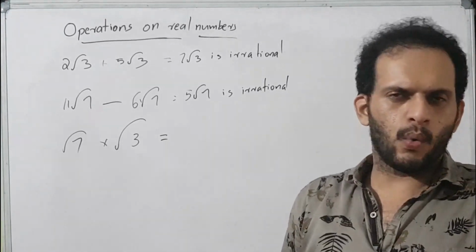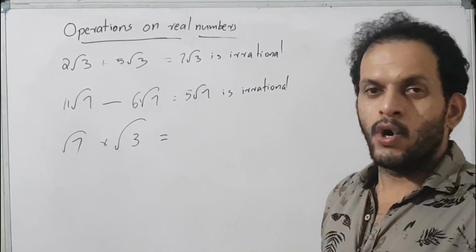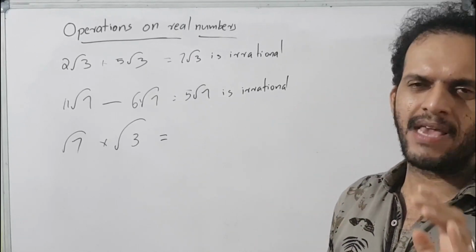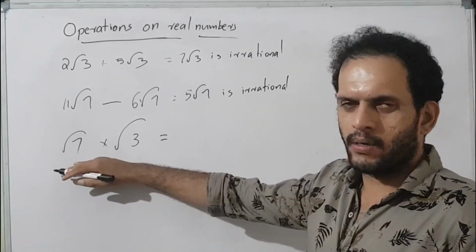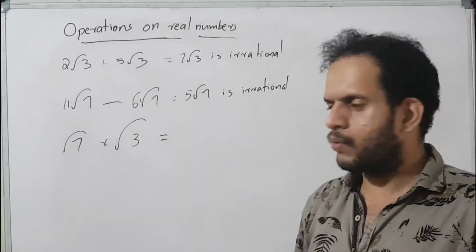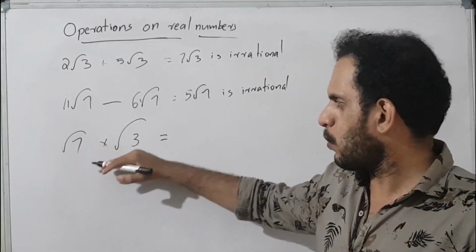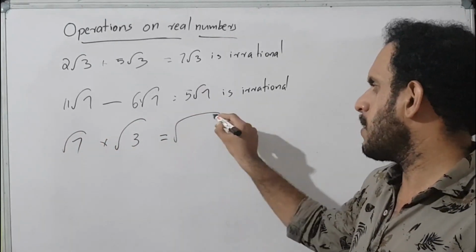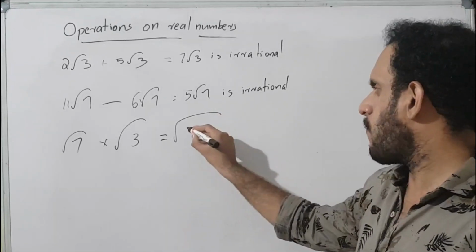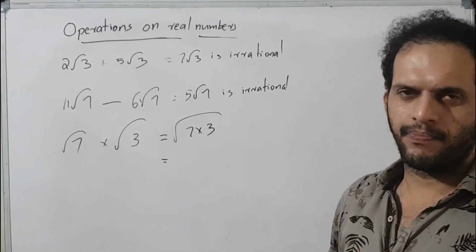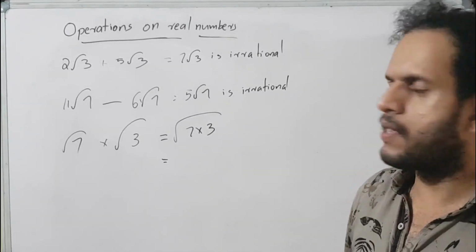Root A into root B is equal to root of A into B. Then how to write this one? Root 7 into root 3 is equal to root of 7 into 3. Then what is root of 7 into 3?